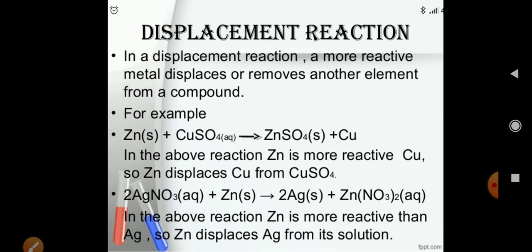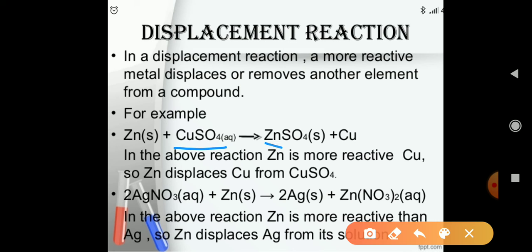An example is zinc plus copper sulfate gives zinc sulfate plus copper. Here we can see that zinc displaces copper, and it is converted into zinc sulfate, and copper is separated.